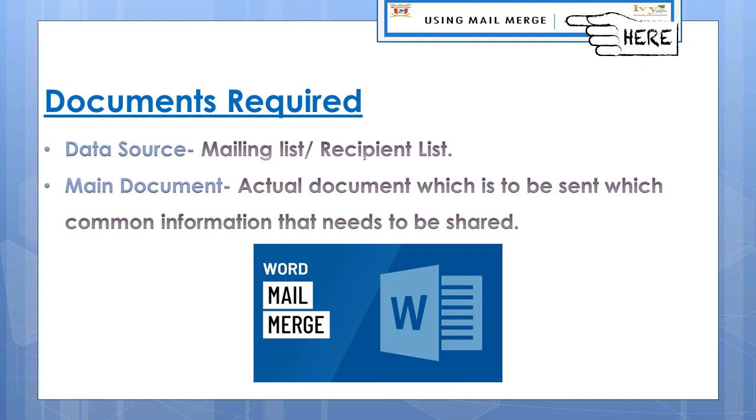And the second thing is the actual document itself, which is known as the main document. In this main document, 90% of the information is common. Only the personal details that we have added in the data source will change. So how will we be able to do it? Let me show you live as we move on to the MS Word document screen in a moment.